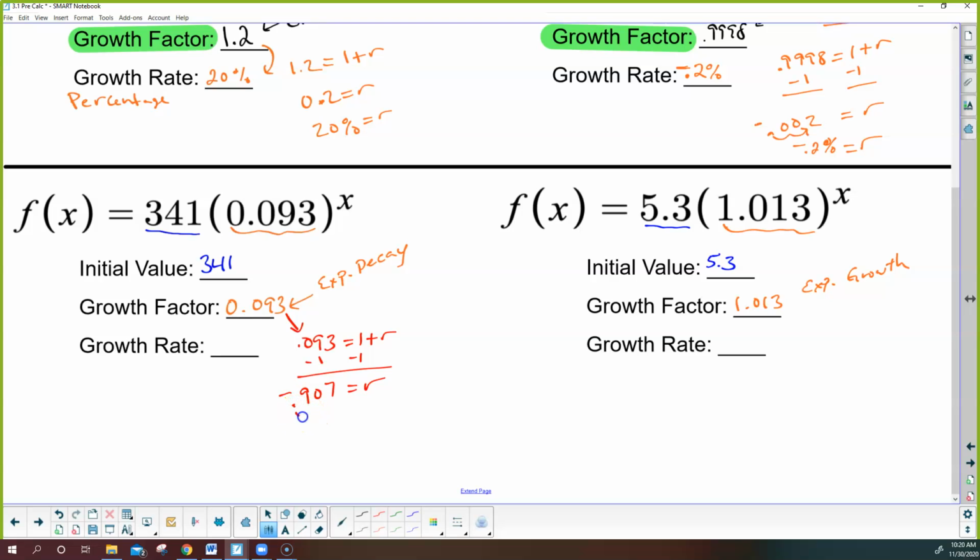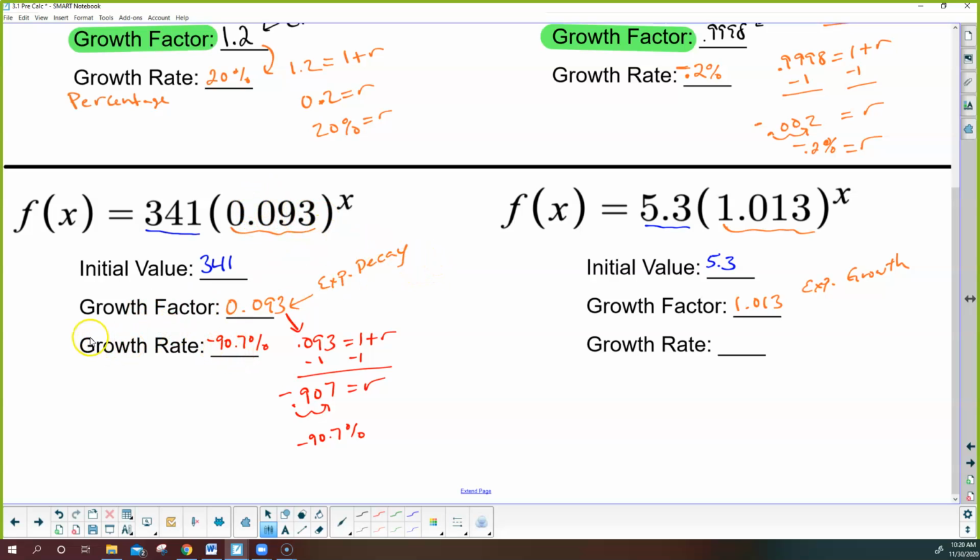But then we do have to remember to turn it into a percentage. So here, we would say, now we have to be careful here because officially this is negative 90.7%. That's kind of what we're going down by each time.